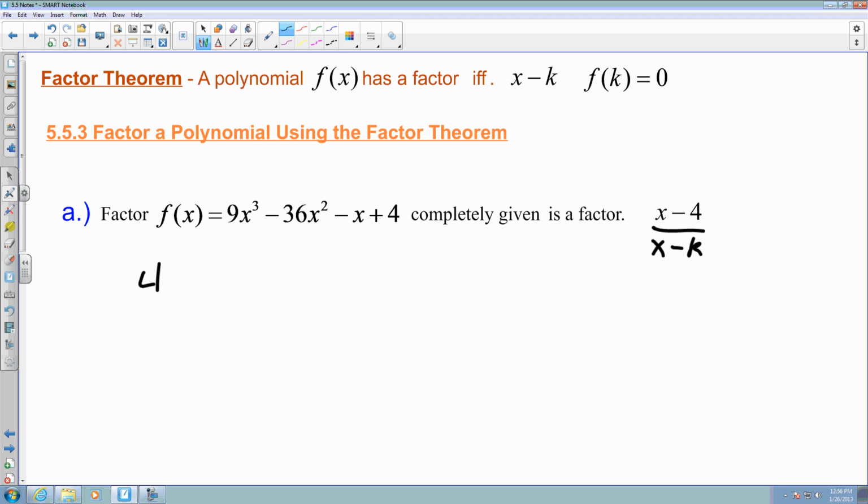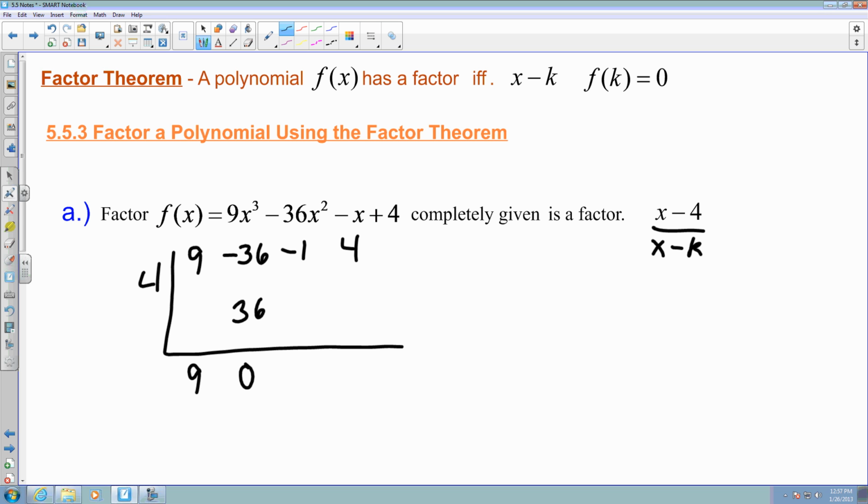I can write this out with 9, negative 36, negative 1, and 4. Drop down the 9, multiply by 4, that's 36. Add those together, that's 0. Negative 1 times 4 is negative 4, and 0.